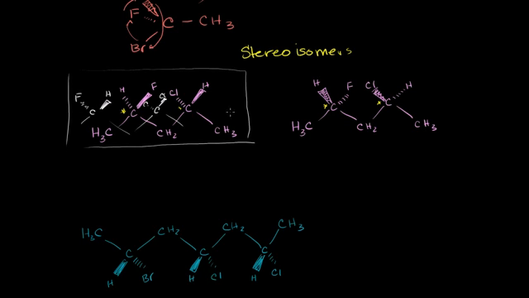So these are actually mirror images, but they're not the easy mirror images that we've done in the past where the mirror was just in between the two. This one is a mirror image where you'd place the mirror either on top of or behind one of the molecules. So this is a class of stereoisomers, and we've brought up this word before. We call this enantiomers.